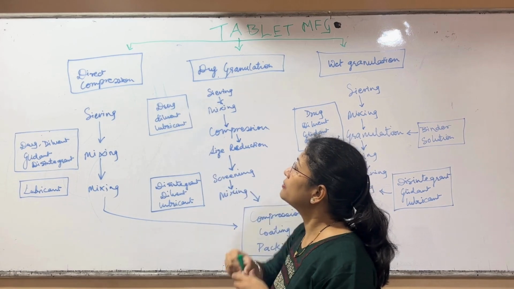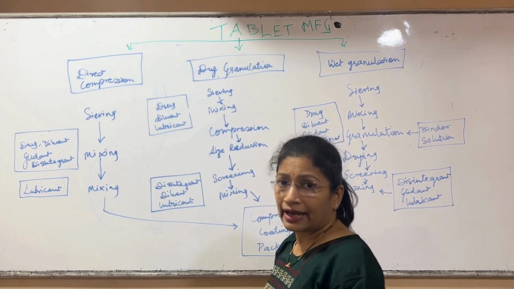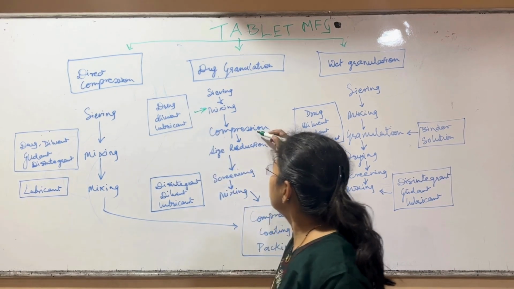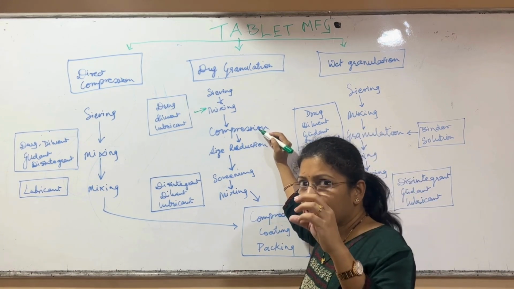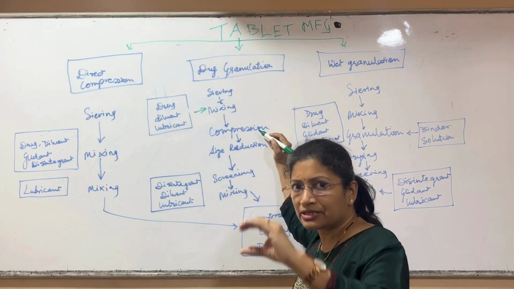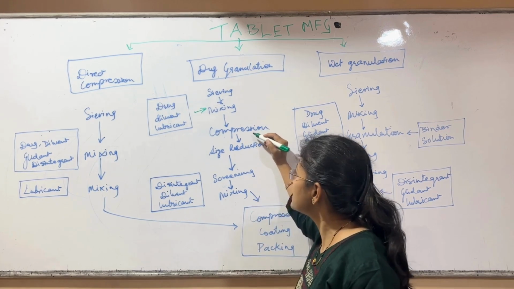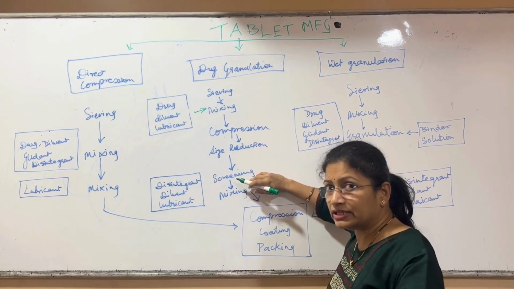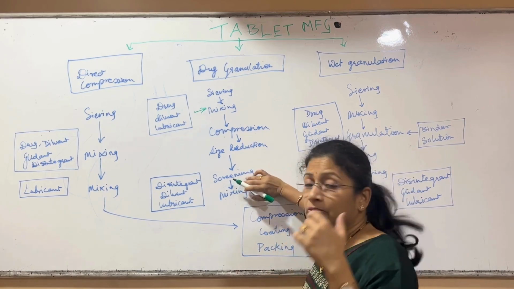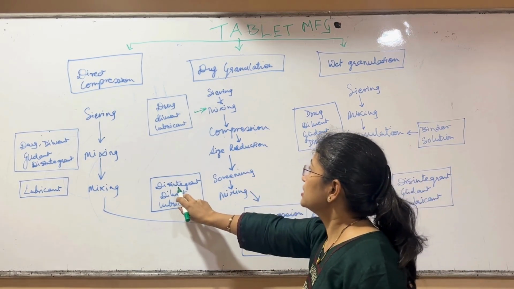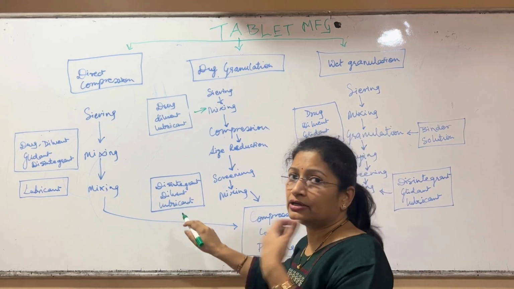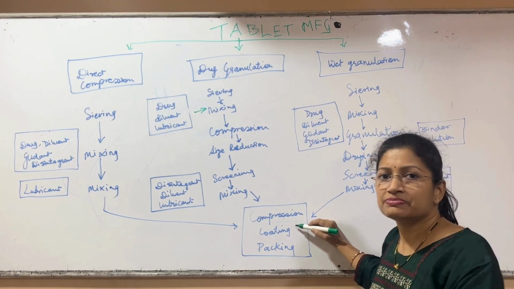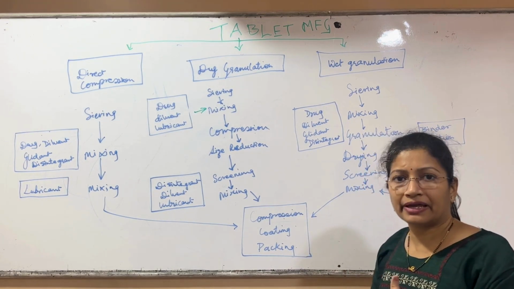So here we are mixing drug, diluent and lubricant. Then we will do compression, not compression into tablets, but still the powder will be compressed. Then size reduction, we need to break it again, then screen it through desired mesh and then mix the disintegrant, diluent and lubricant, and then we will compress it to desired shape and size, coating will be given and packaging.